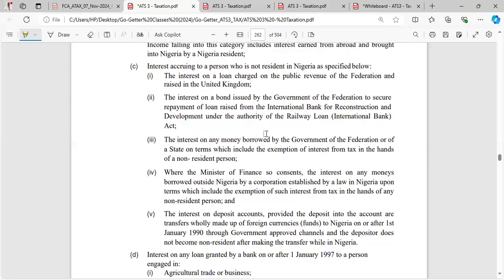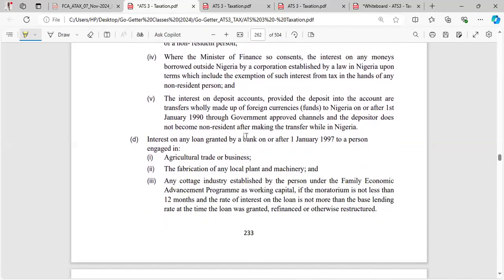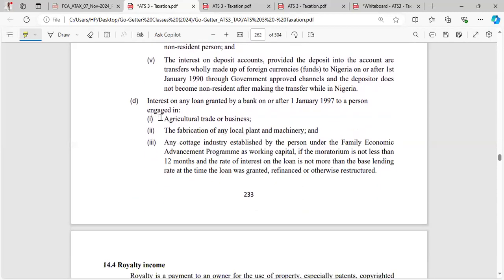Now, interest accruing to a person who is not resident in Nigeria, interest on loan charged on public revenue of the federation raised in the United Kingdom, and all of these ones here, I don't need to read them. You can read them on your own. Another one is interest on loan granted by a bank to a person engaged in agricultural trade or business.